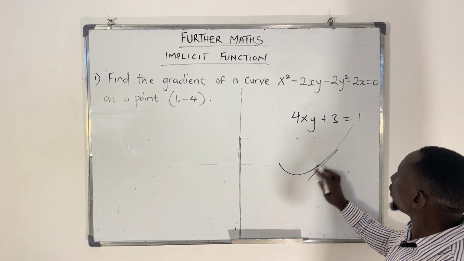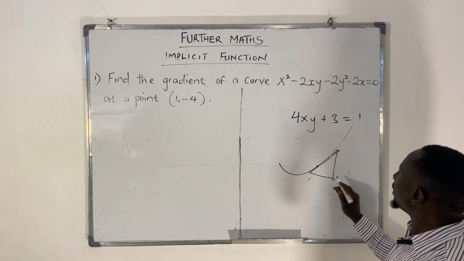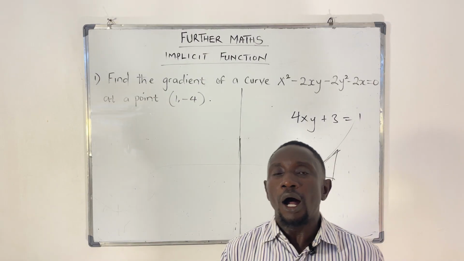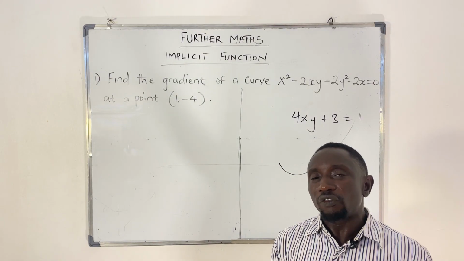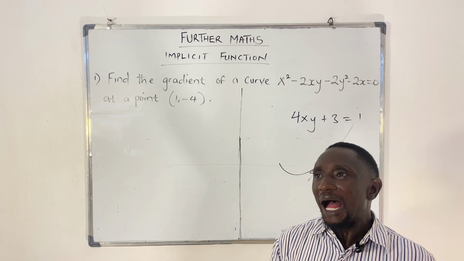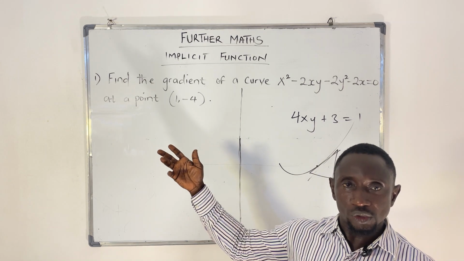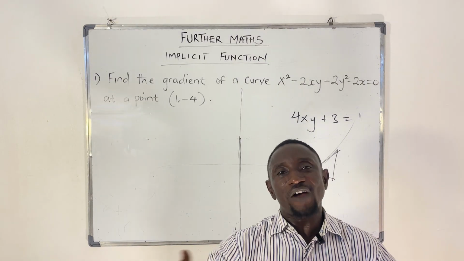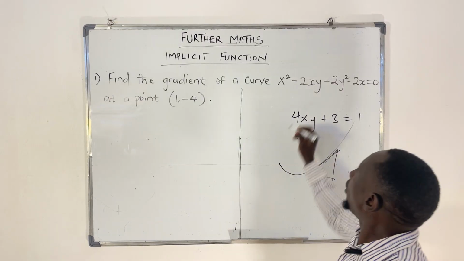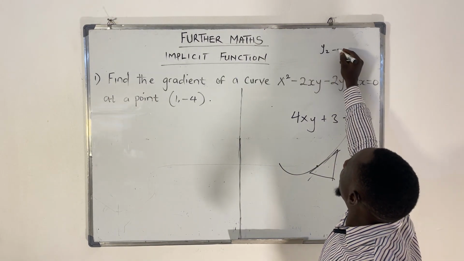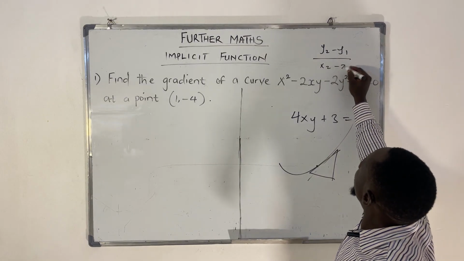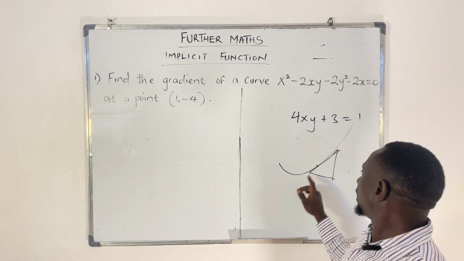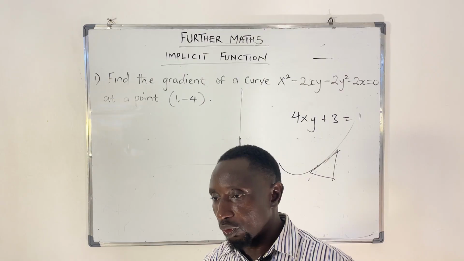Like I said, to find the gradient of a curve we have to use differentiation. A curve is not like a straight line. You can easily find the gradient of a straight line using y2 minus y1 over x2 minus x1. But when you are given a curve, you have to differentiate to find the gradient of the curve.